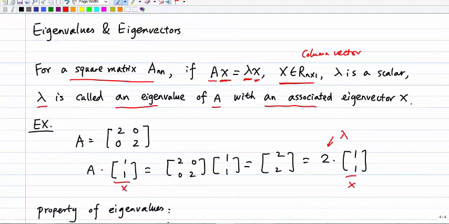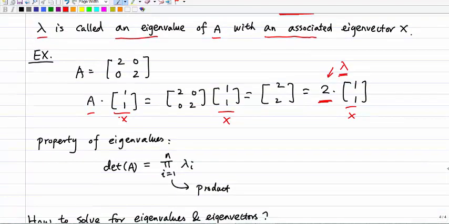For example, if A is [2 0; 0 2] and I do A times x, where x is [1; 1], the product is [2; 2], which is 2 times [1; 1]. So A times x is 2 times x. I can say this is the eigenvalue and this is the eigenvector.